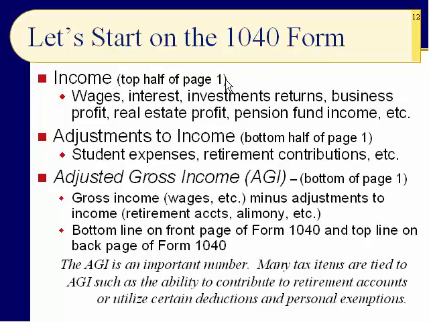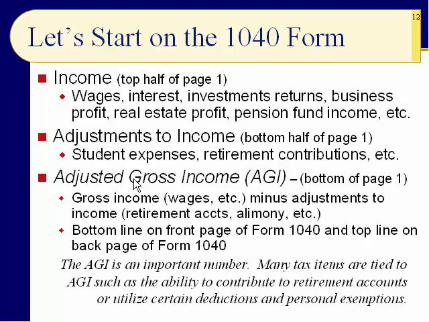And so the first slide is simply showing us that we take the top half of page 1 and enter the wages and all the other ways of making money. And then we take the adjustments to income, student expenses, retirement contributions, and we come up with what is called the adjusted gross income, the bottom of the front page of Form 1040.